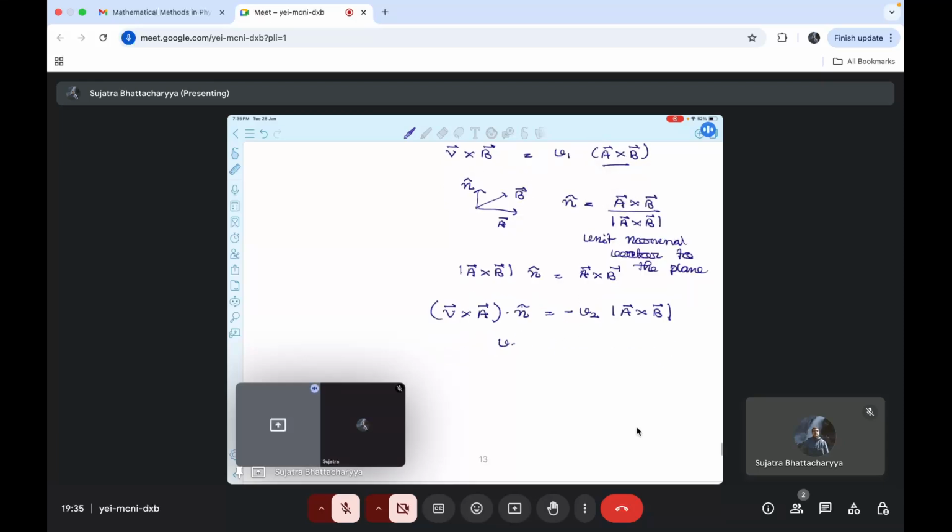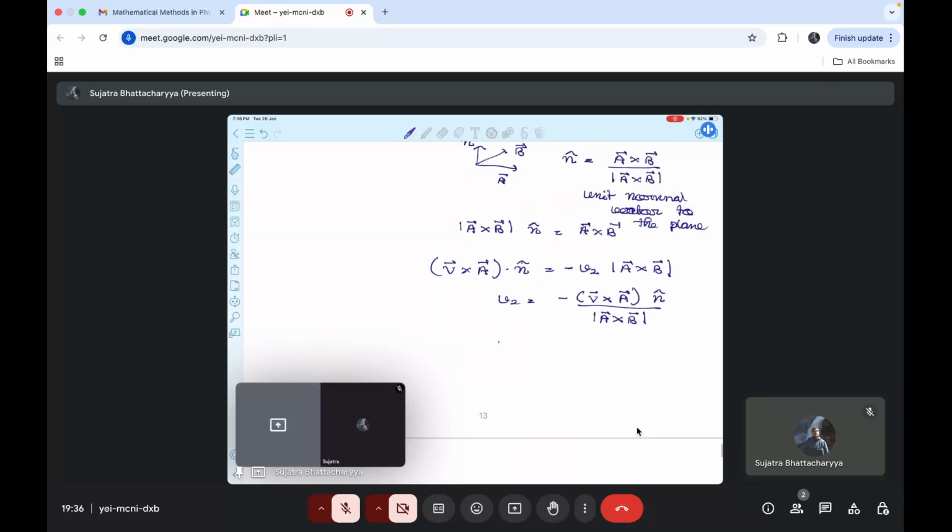So your v2 becomes minus b cross a dot n hat divided by mod of a cross b. This is one representation of v2. Similarly, you can write v1 as v cross b dot n hat divided by mod a cross b.